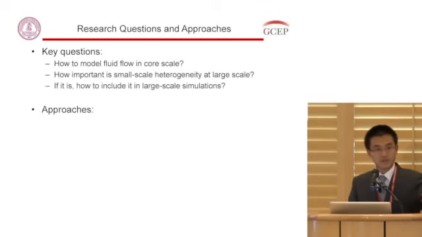So we ask ourselves several questions. How do we model fluid flow in core scale? Basically, what's the physics in core scale flow? And how important is this small-scale heterogeneity in a large-scale simulation? And if it is important, how can we include it and translate this important physics in large-scale simulation?